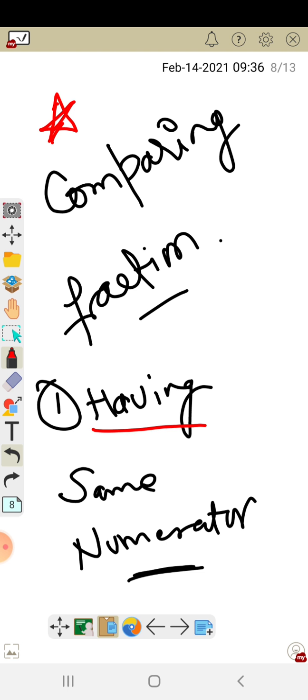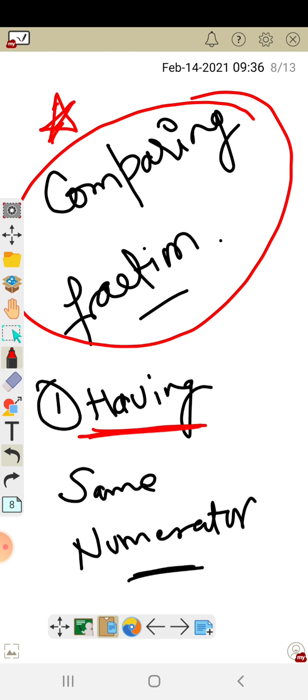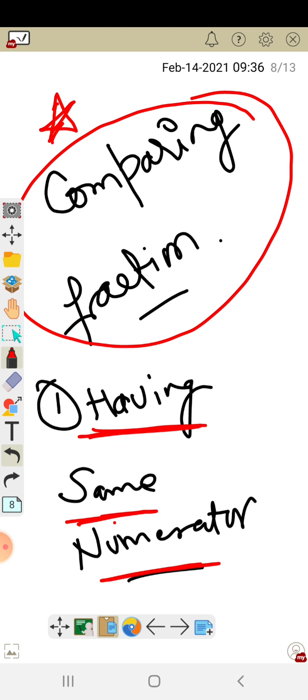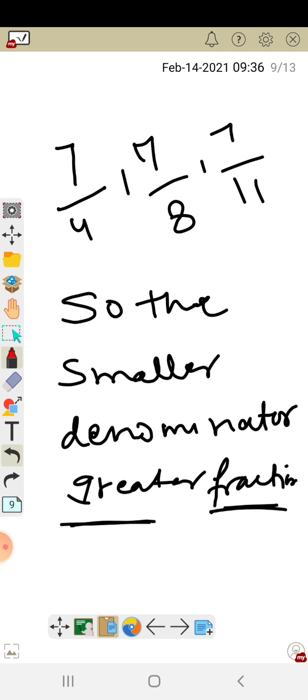Today the main important topic is comparing fractions. First, comparing fractions having the same numerator. Here you can see 7 in the numerator of all three fractions, the same. So the smaller denominator gives the greater fraction.